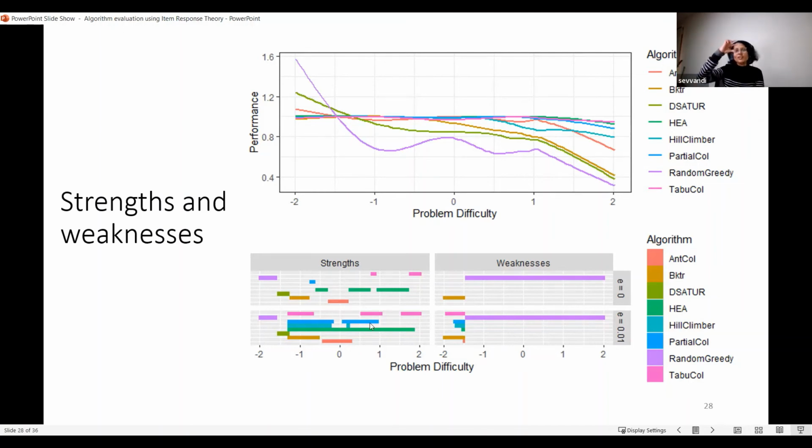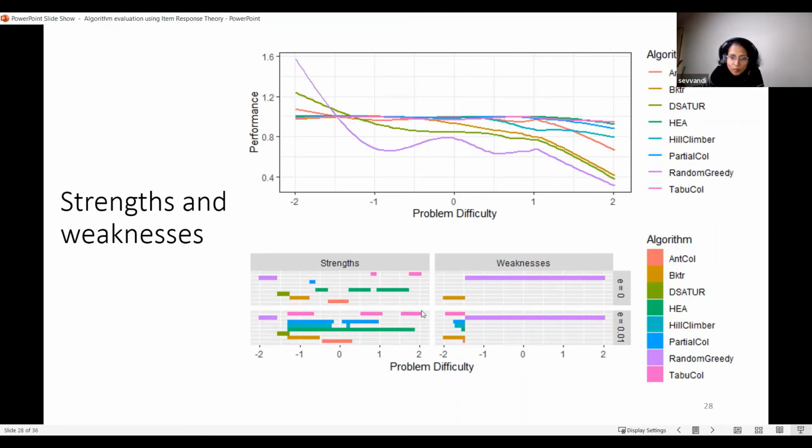But if you give a little bit of epsilon to work with, you see that a lot of algorithms are strong here. So these are relatively easy graphs to color, from around -1. So that part, right? A lot of algorithms can perform well.